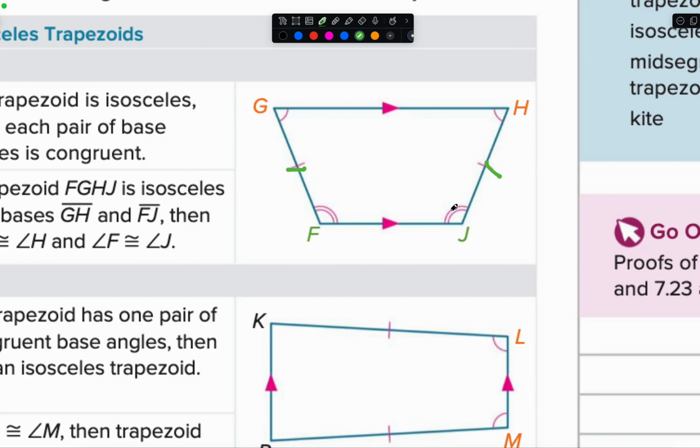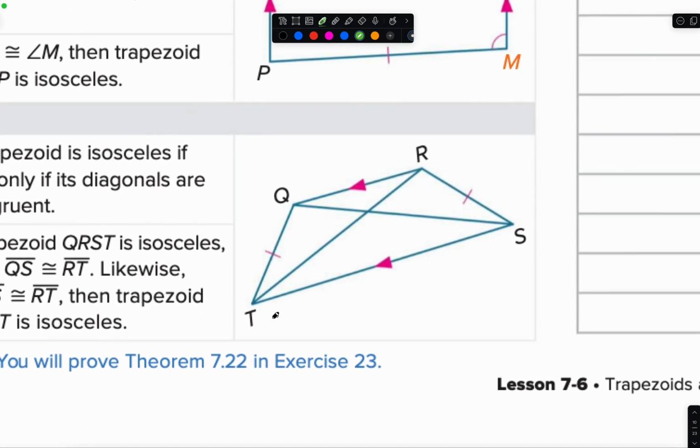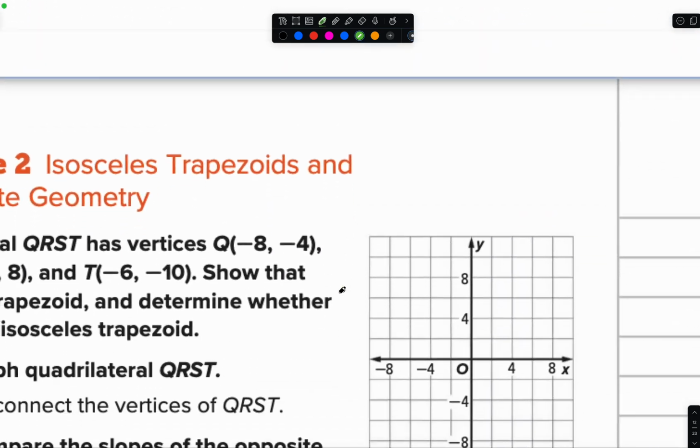We call those base angles. This one, your bases are the left and the right hand side. Your bases are the ones that are parallel. And then this one is talking about the diagonals. And we've done this before, how those diagonals are going to be exactly the same length as long as it's an isosceles trapezoid.